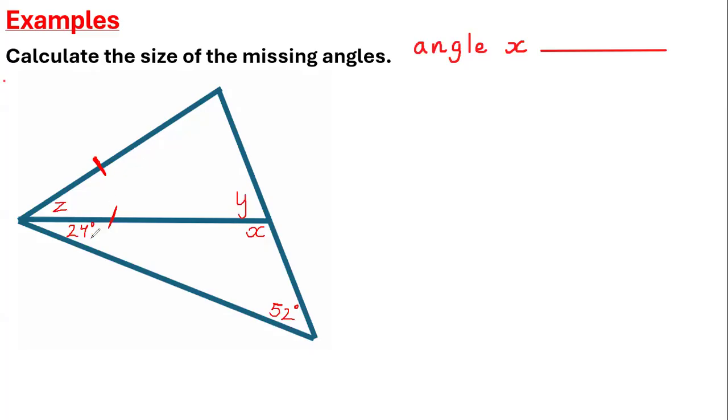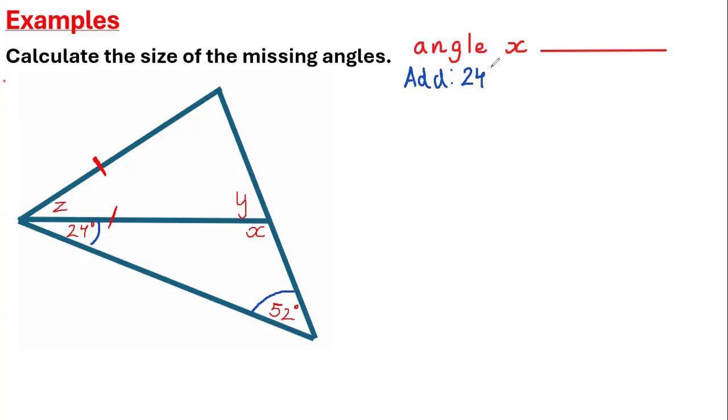We know that 24, 52, and x should all add up to 180 degrees because we're dealing with a triangle. So we're going to add them first. 24 plus 52 gives you 76.